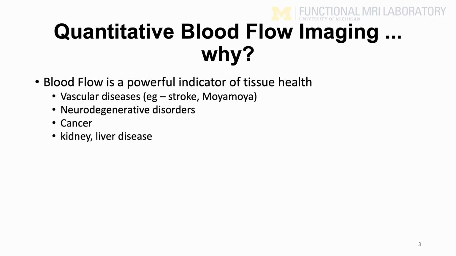It's becoming increasingly clear that the vasculature and the ability to deliver nutrients and clear out waste is really important in neurodegenerative disorders, and maybe even in a causal way. There's cancer, of course, where blood flow is altered because it follows metabolism so well. But also a lot of body imaging is happening around the kidney and liver disease, where blood flow plays an important role.